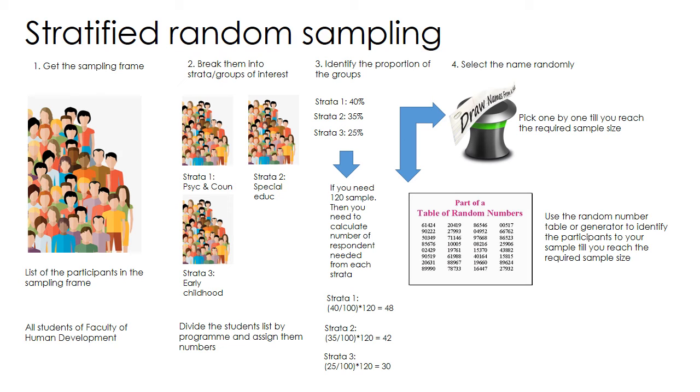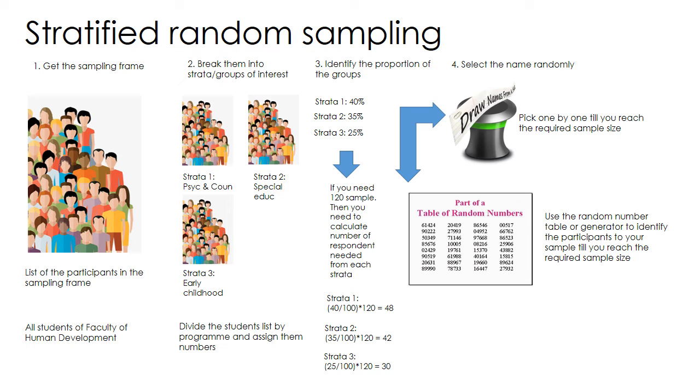For strata 1, 40% of 120, I need 48 students from that strata, 42 from the second strata, and 30 from the third strata. So based on that, I am getting the proportion of these different groups of people.